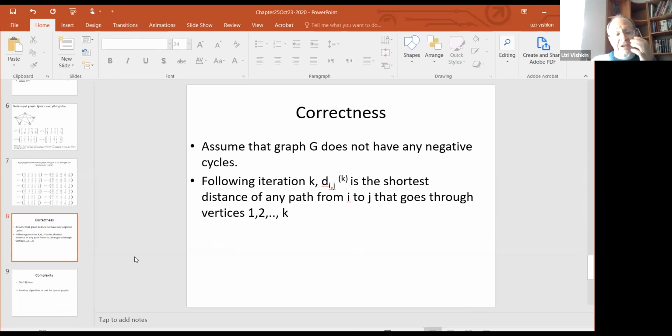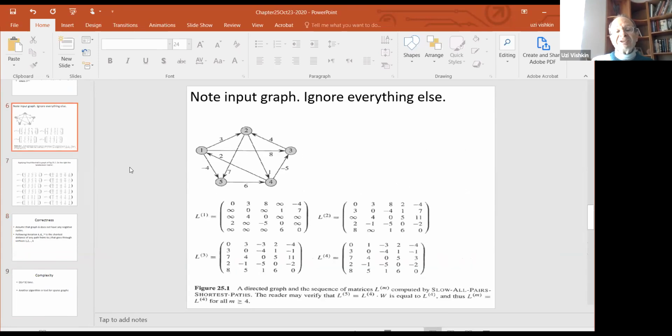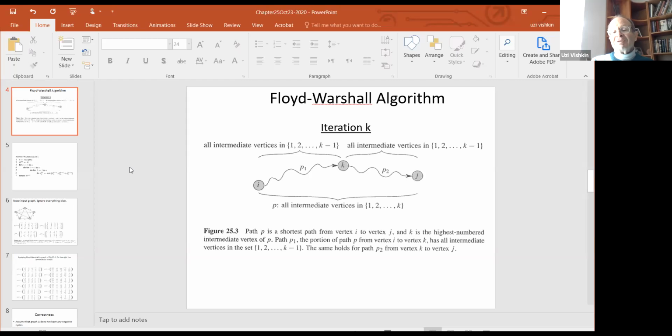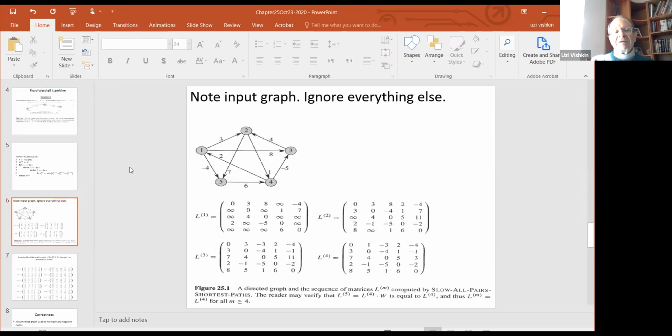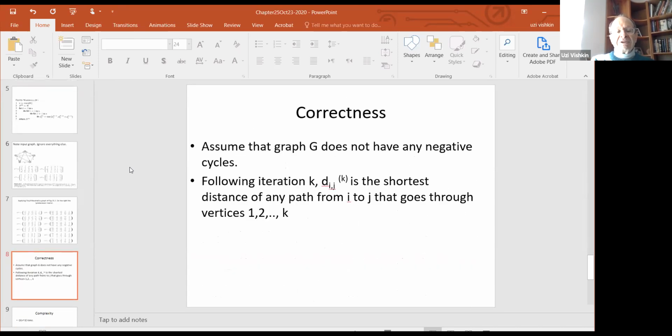And why is that? It's because we prove it by induction. It's the induction that I actually saw in my first introduction of the algorithm. This is an algorithm where the induction is both the description of the algorithm and the correctness. It's one and the same. So this is why it's correct.